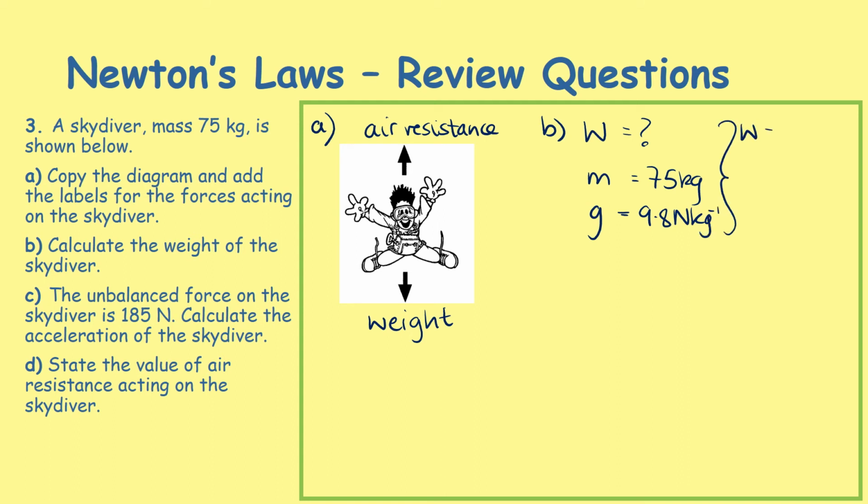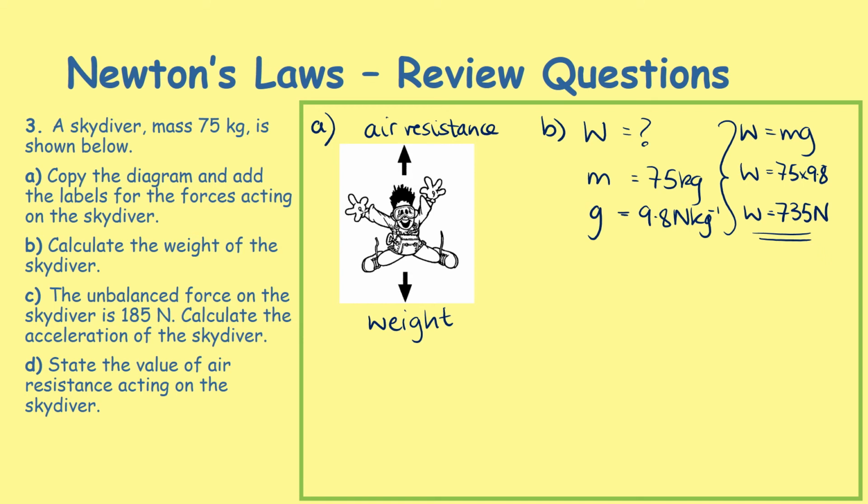Using our equation, W equals mg, we say that W equals 75 multiplied by 9.8. And so I'm just popping that into my calculator just now. 75 multiplied by 9.8 is equal to 735. And that's in newtons because weight is a force.